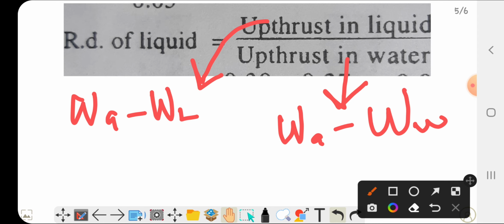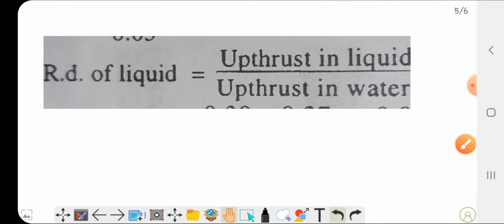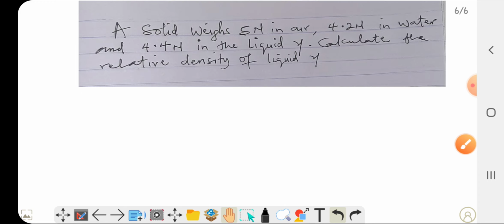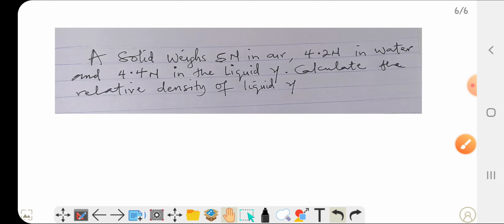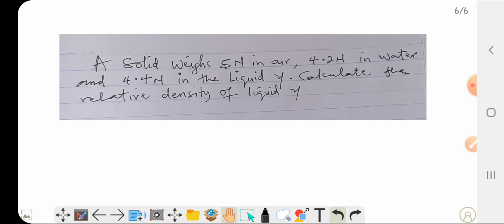So let's see a question that utilizes this particular definition of relative density. Let's go to the next slide. So we have the question here. A solid weighs 5 Newton in air and 4.2 Newton in water and 4.4 Newton in the liquid Y. Calculate the relative density of the liquid Y. So this is very easy.